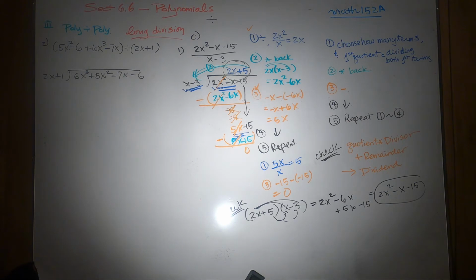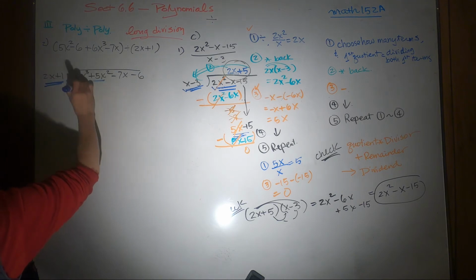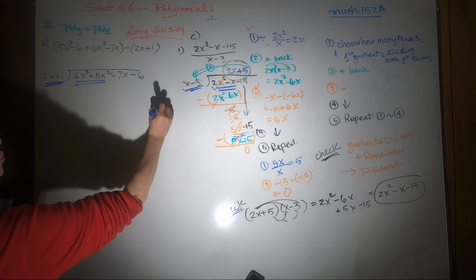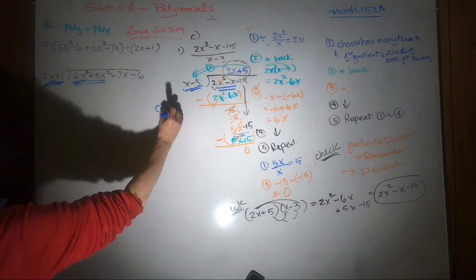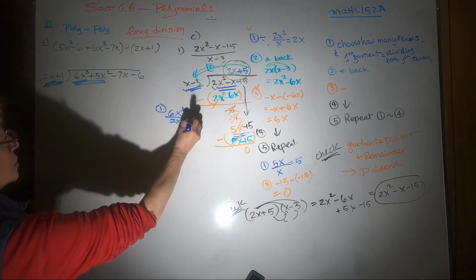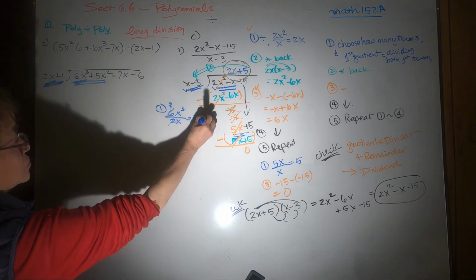So how should we start? How many terms do we need to start? Choose 2. Then the first quotient will be what? You have to compare one term to one term. So you have 6x cubed divided by 2x, which will be 3x squared.